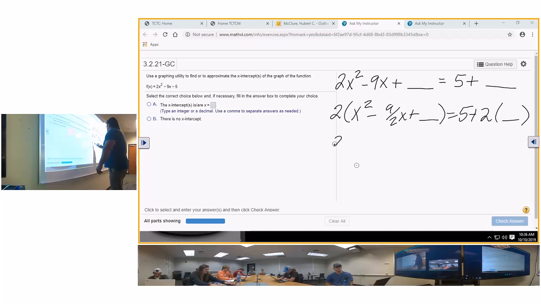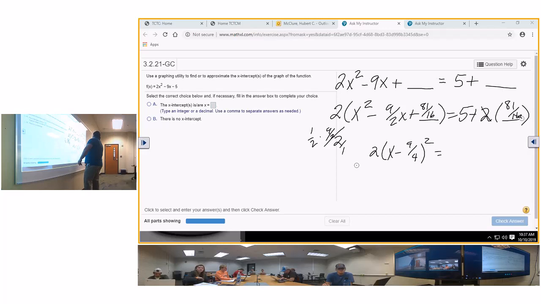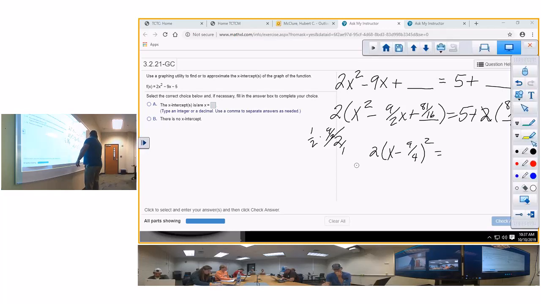Okay, 9/2 divided by 2 over 1 is multiplied by 1 over 2. I got 9/4, and 9/4 squared is 81 over 16. So 2 times x minus 9/4, quantity squared, is equal to, well, that 2 will make this 16 and 8, so that makes this 5 of what? 40 over 8.